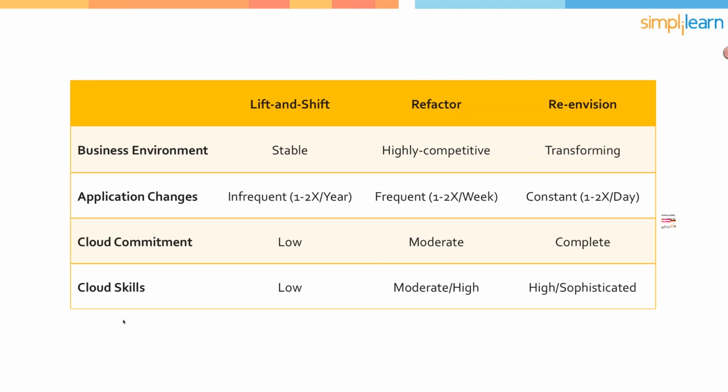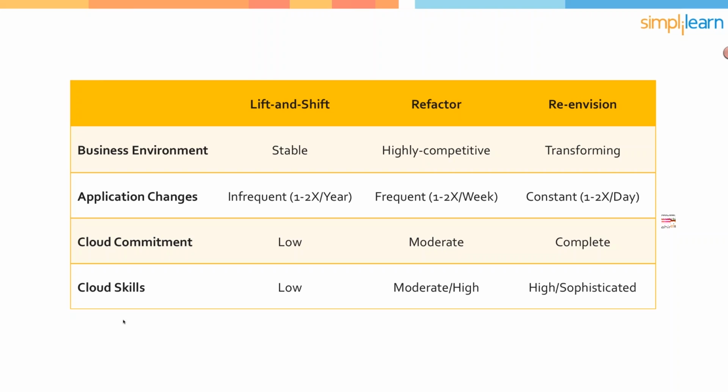Lift and shift is fine if you're only changing applications once or twice a year. But how many businesses are in that environment? They want to be able to change much more frequently, once or twice a week, which you can do with refactoring, and really get to maybe constant, once or twice a day. I'm going to add in new little changes, new functionality tweaks, and I want to do that as fast and as often as I want to, not as often as we're scheduling change management.